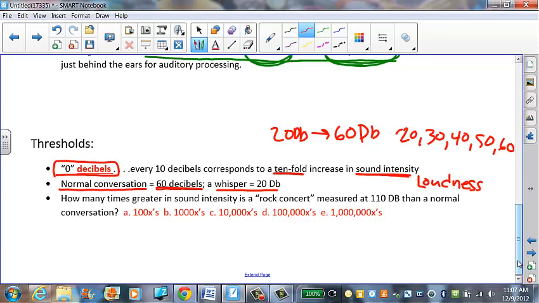So from a whisper to 30 decibels is 10 times greater. 40 decibels is then 100 times greater than a whisper. 50 decibels is 1,000 times greater than a whisper, and a normal conversation is 10,000 times greater in intensity than a soft whisper.